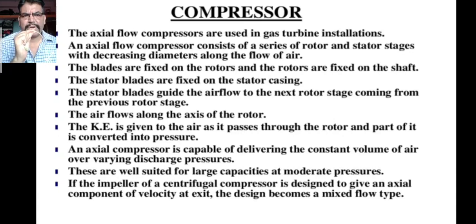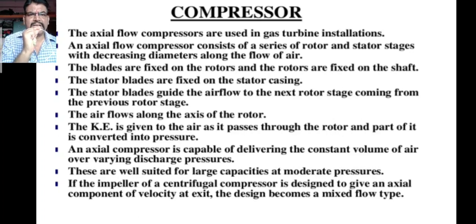An axial compressor is capable of delivering a constant volume of air over varying discharge pressures. These are well suited for large capacities at moderate pressures. If the impeller of the centrifugal compressor is designed to give an axial component of velocity at exit, the design becomes a mixed flow type.